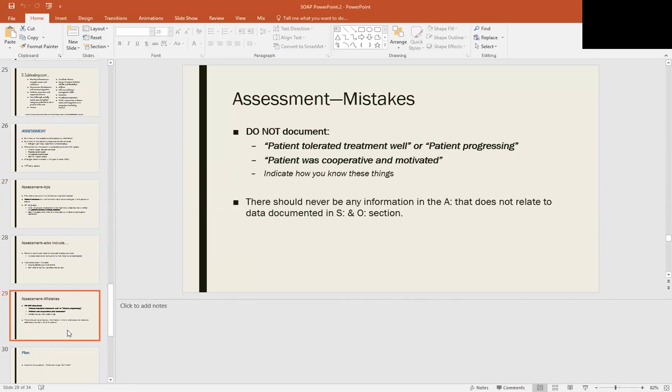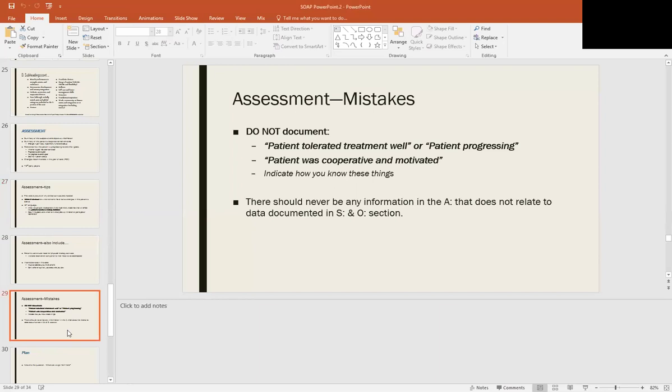So instead of patient tolerated treatment well, you could say patient tolerated the addition of 5 pounds to long arc quads and increasing the reps with squatting during treatment today. That's where you could use the word tolerated, but I would try and stay away from it as much as you could.